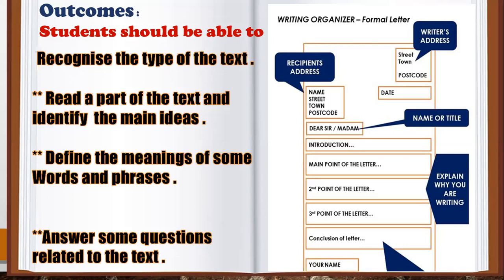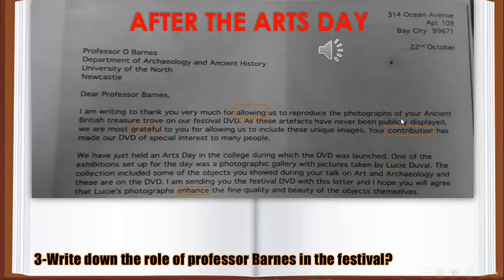Okay. So let's start with the first two paragraphs that you have in your student book, page 18. The title of this letter is "After the Arts Day." So if you remember in Unit 1, we read about the festival that was organized by students.